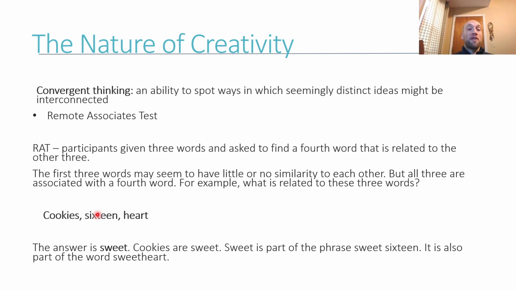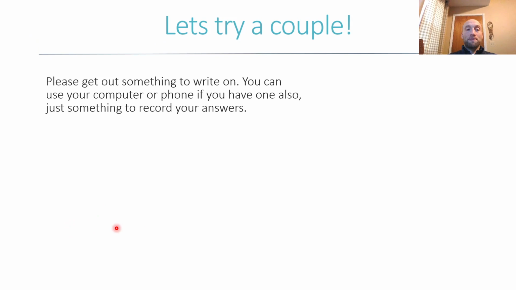The nature of the fit depends on how creative you are. You can use something like just the words before and after these things, which might take you a little bit longer, but it's about thinking outside the box in terms of how to connect all three of these words.